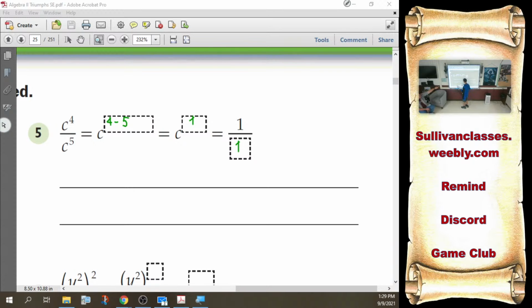So just put your negative with it. There you go. And then I flipped the switch and then got positive 1 over 1. The 1 stays with the c. It's c to the first on the bottom. There you go.